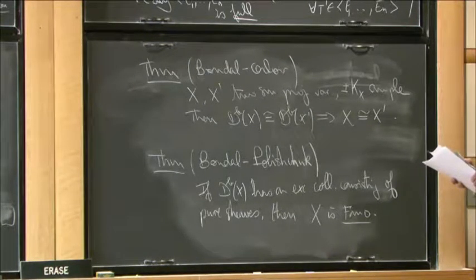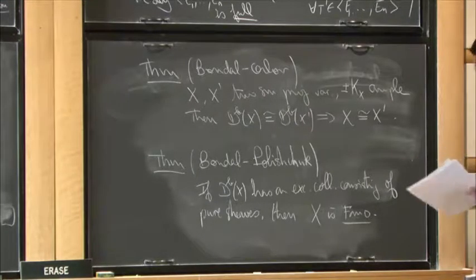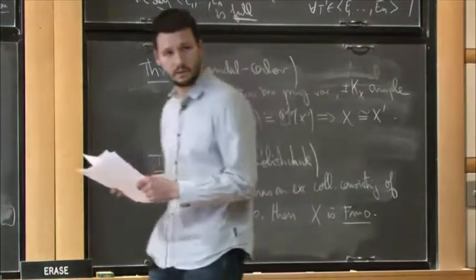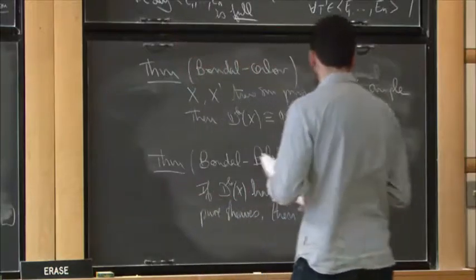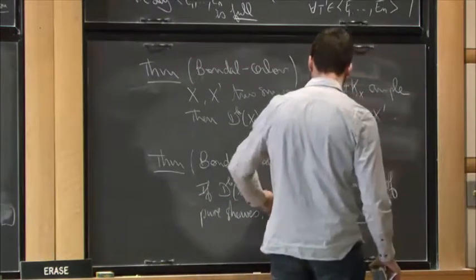No, I think it implies, or maybe, let me think. I have to double check. Maybe you have to assume that plus or minus K_X is ample. I'm not sure. Yeah, of course. Yeah, sorry. Yeah. Thank you.